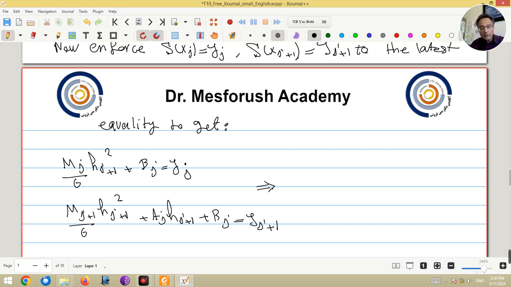From these two equations we can find aj and bj.